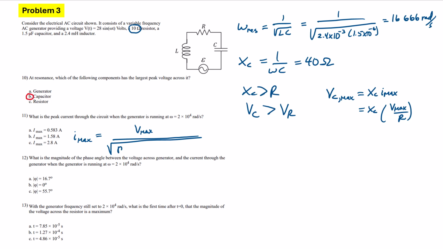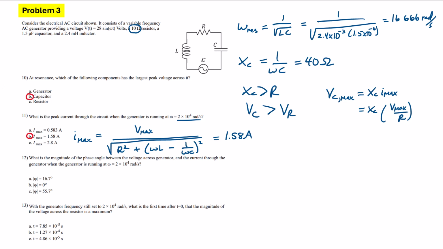So this will be the square root of R squared plus, now XL would be omega L, minus the reactance of the capacitor, and I have to square that. So we have all our values. Here's our omega. We substitute the L, the C, and the R, the Vmax, which is going to be 28 in this case. And you substitute all of this, you're going to get an Imax, which is 1.58 amps. All right, and that there corresponds to choice B.